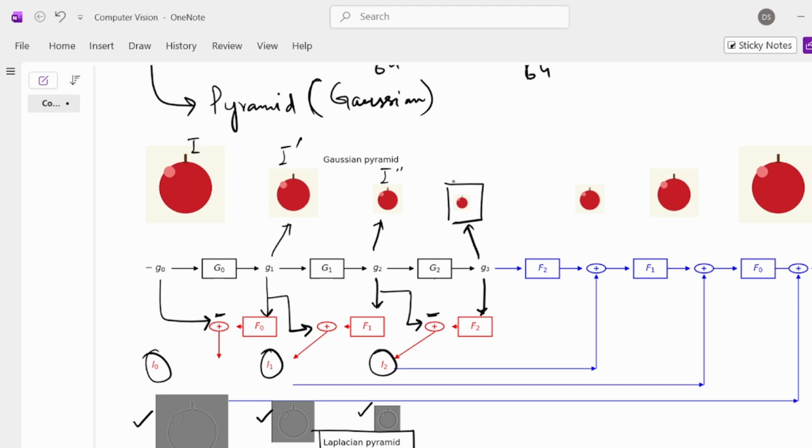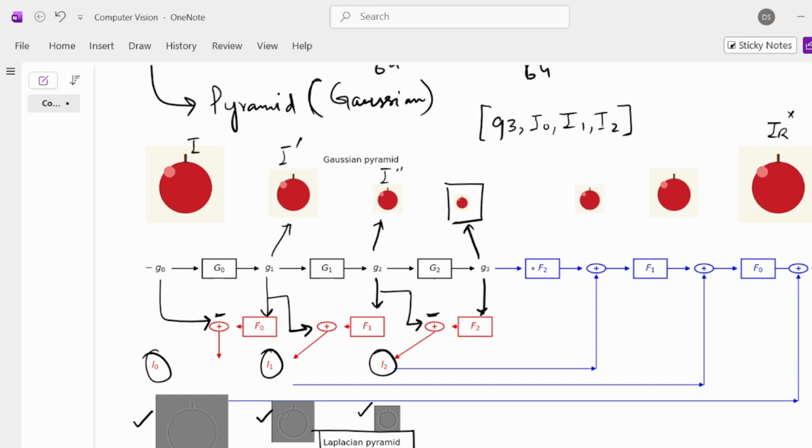So practically what we would be doing is sending G3 plus I0, I1 and I2. Okay, so this would be able to generate the final I dash here, which would have the same details as we have in the I here. So now let's call it IR.